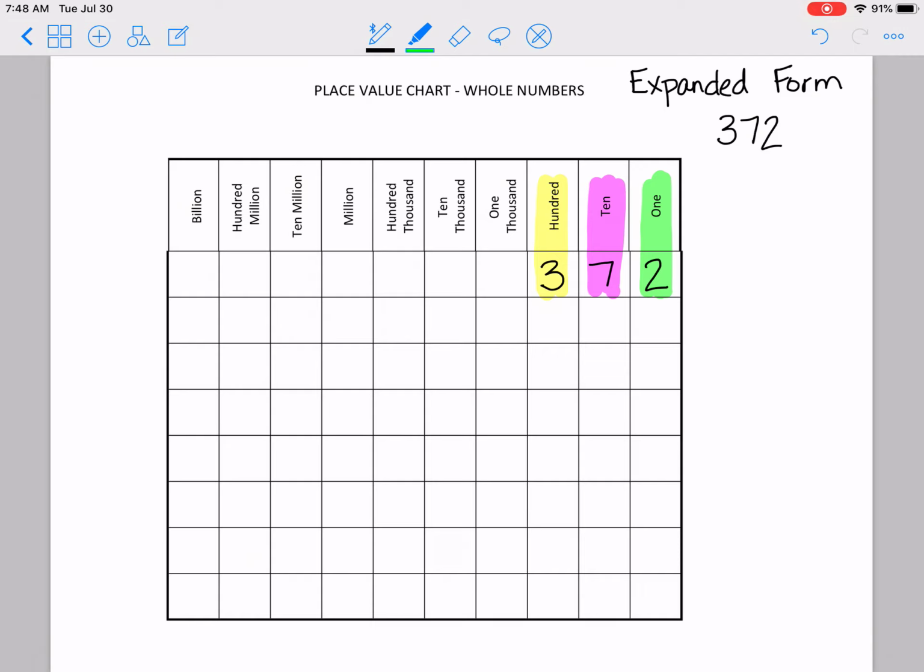So what that does is that gives each of our digits in our number a value. So it's not just a 3 and a 7 and a 2 living beside one another.